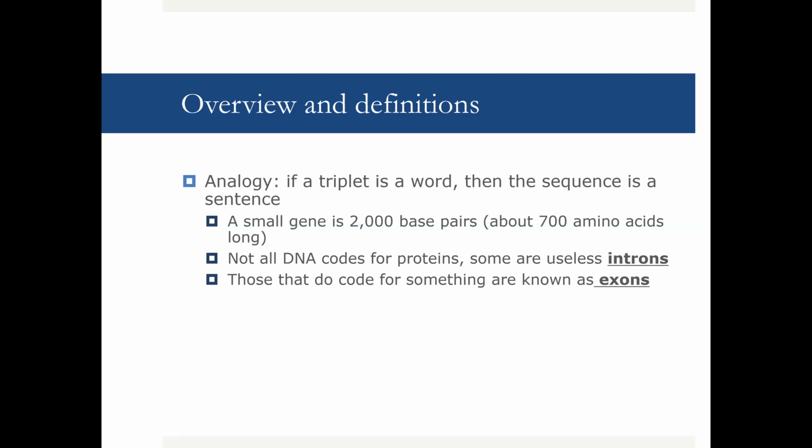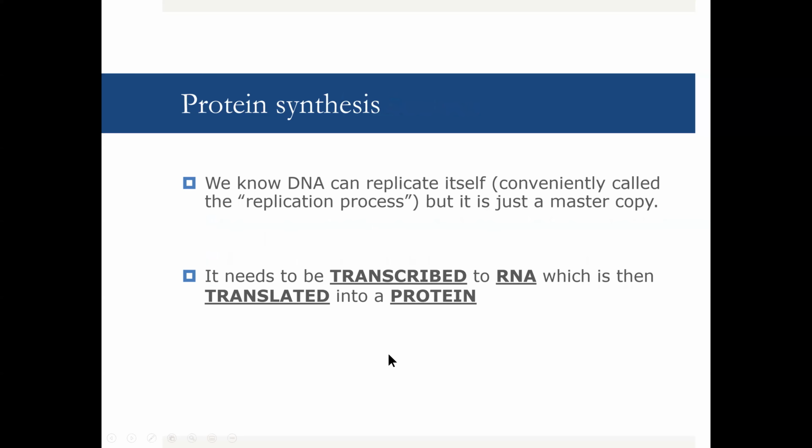And so that sequence would need to be spliced out if we were going to make a protein, or may need to be spliced out, may not. It may be a signal to start or stop the protein, okay? But the exons are the triplets that do code for amino acids.